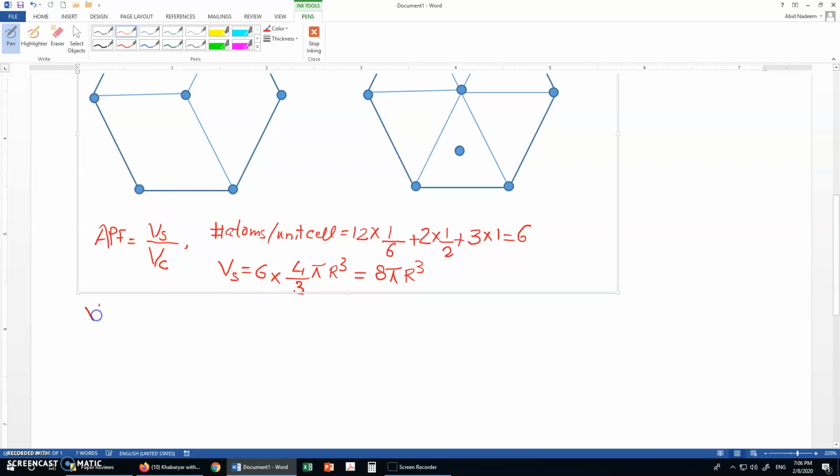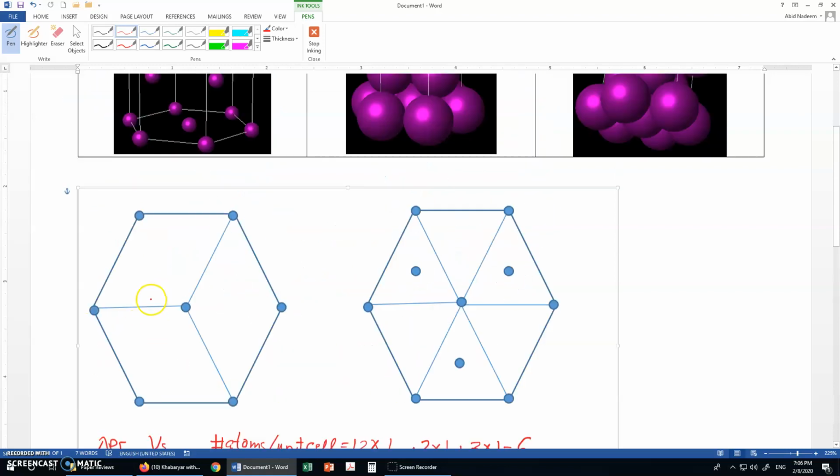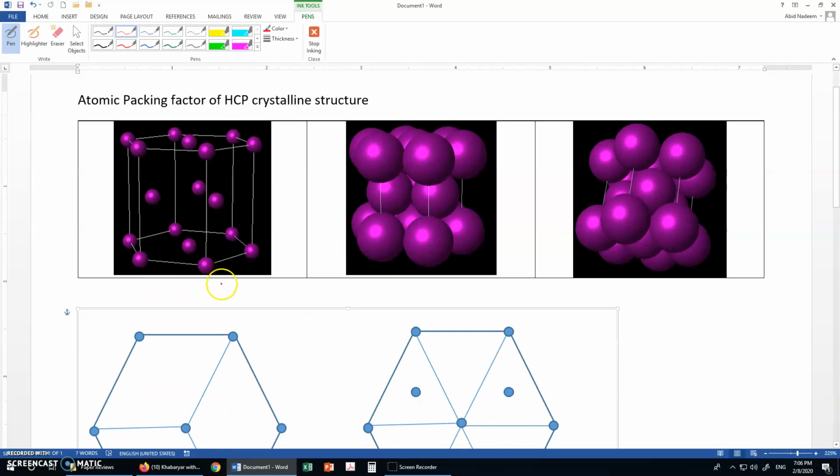Now what is Vc? Vc is the volume of the unit cell. For the volume of the unit cell, we can determine it because this is a hexagonal shape. The hexagonal shape is a continuous shape from the bottom to the top.